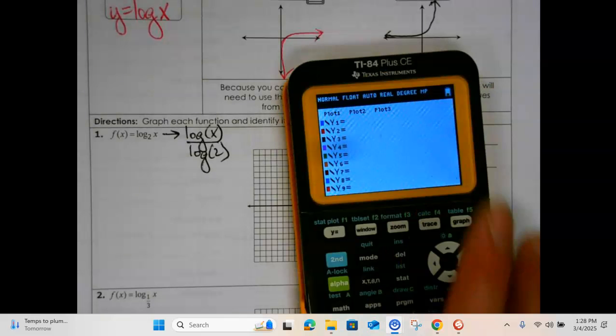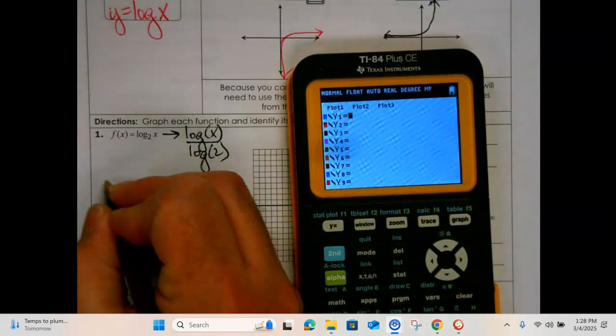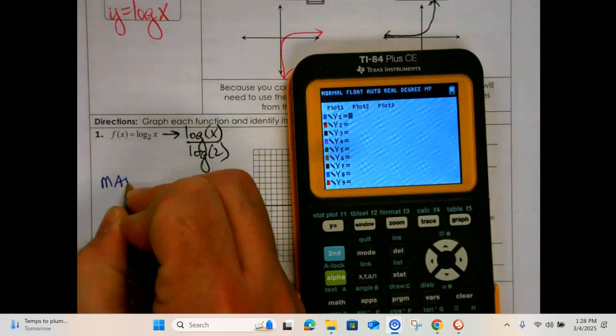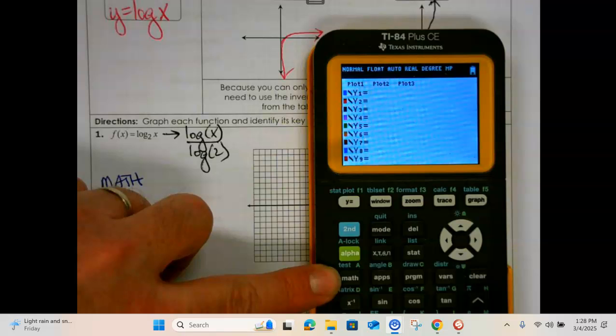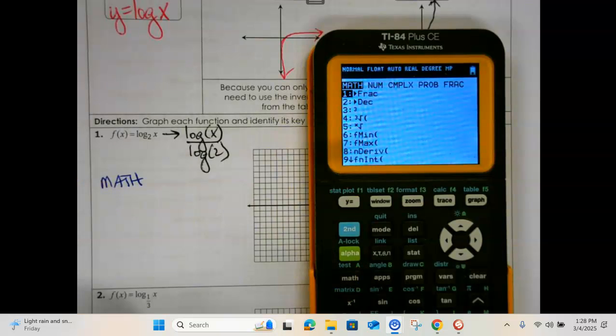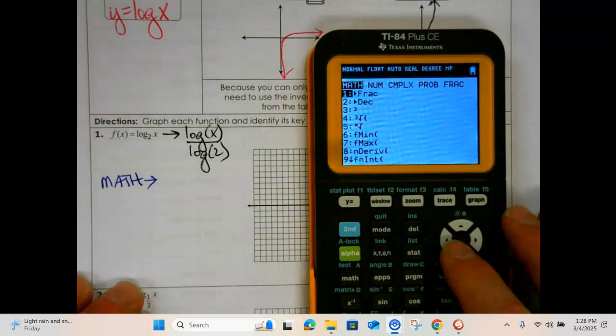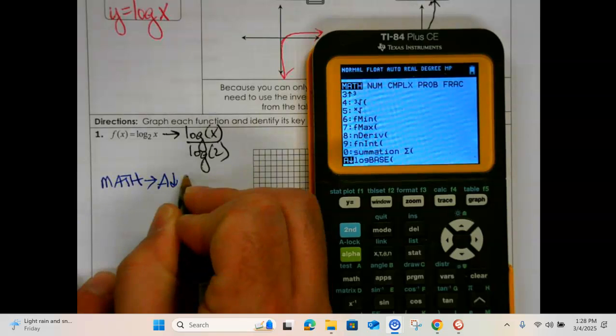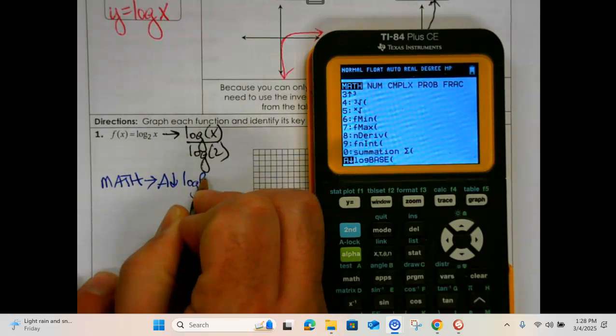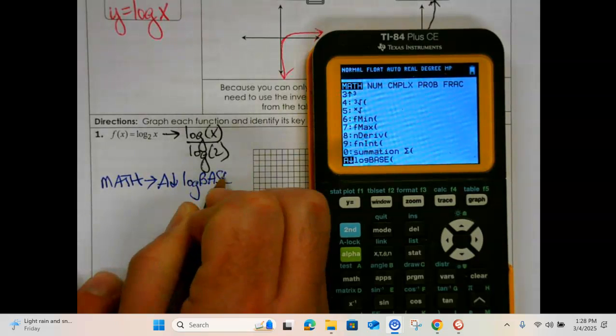Here, check this out. We're going to go to the math button here, right below alpha. If you press the math button, we are going to scroll and scroll and scroll. We are going to go all the way down to A, which says logBASE.